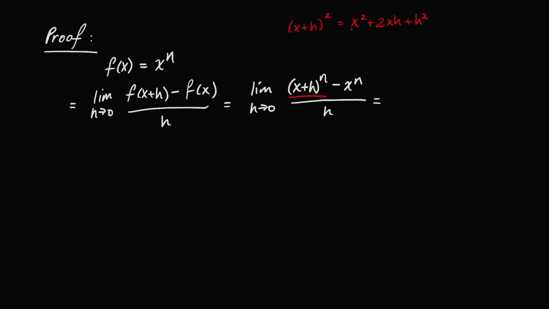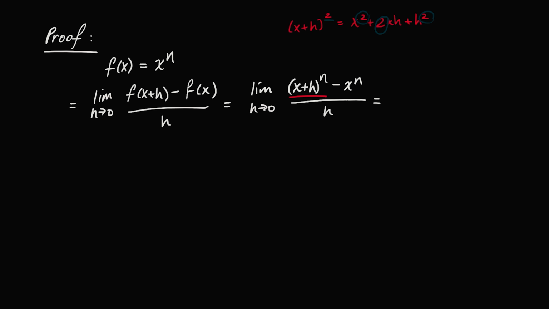Our exponent is 2, the exponent for our first term with the x is also 2, our coefficient for our second term is also 2, and for our last term the exponent is also 2. So that's a pattern we have here. The 2 is basically just the n number.